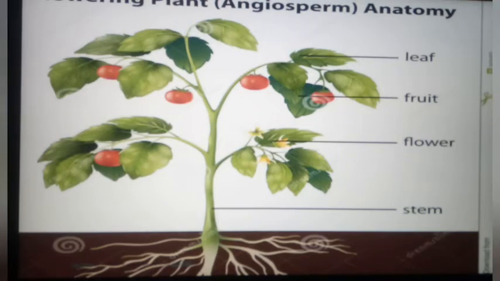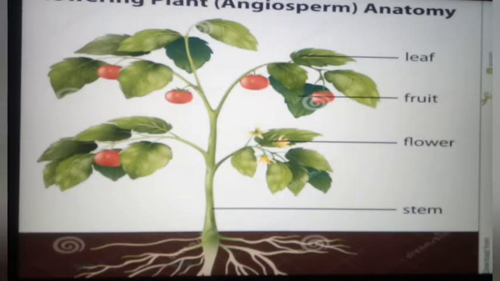Without root we cannot imagine a plant. Now you will say that some plants are floating plants, so these are the exceptions, but almost all the plants have roots inside the soil, and then only they are fixed in the soil.